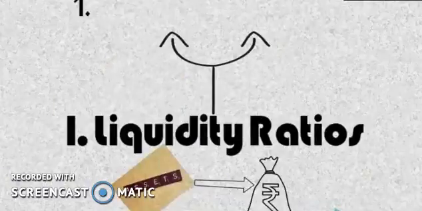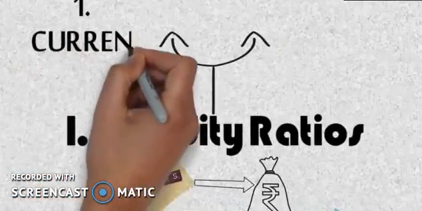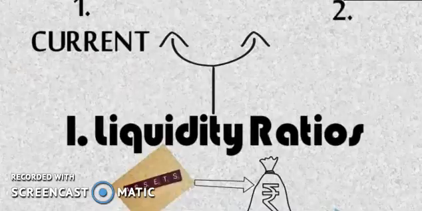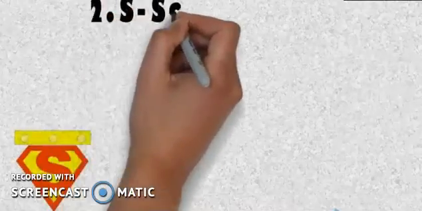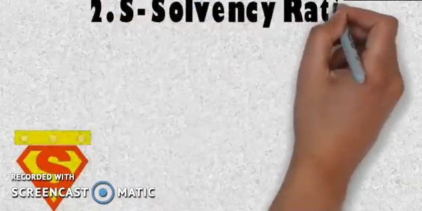Liquidity ratio is further classified into two: the current ratio and the quick ratio or liquid ratio. Now comes S for solvency ratio.